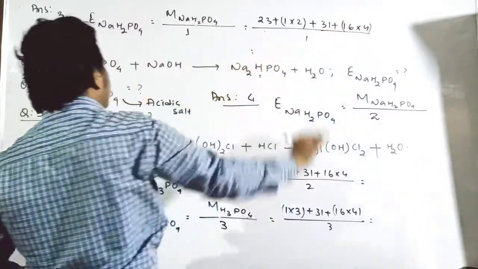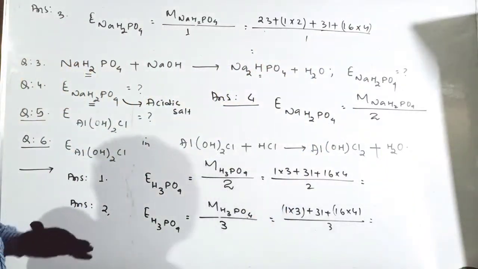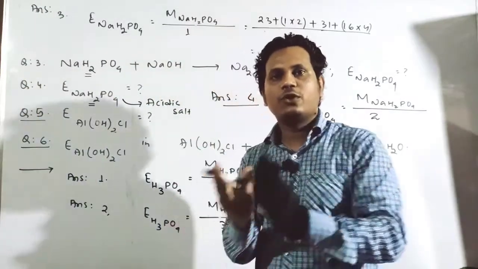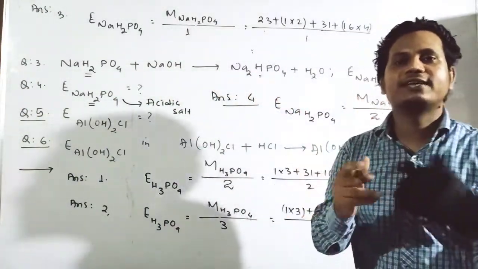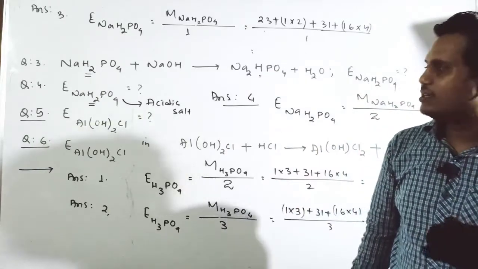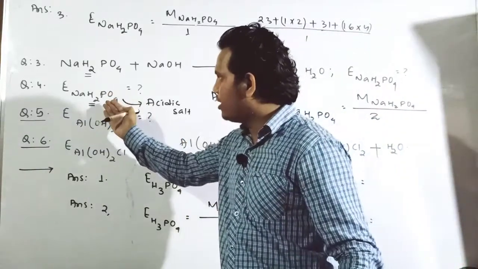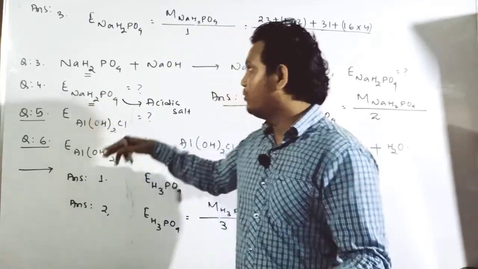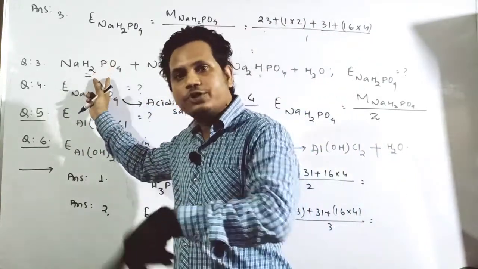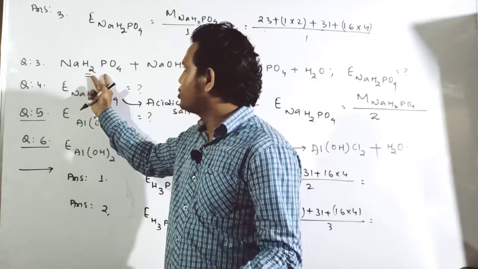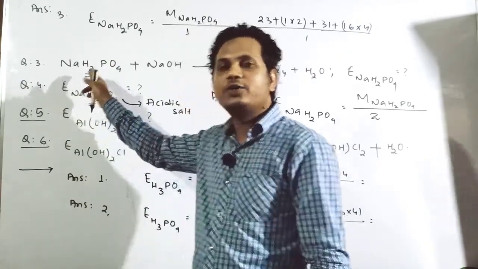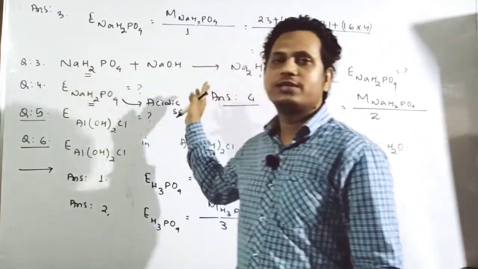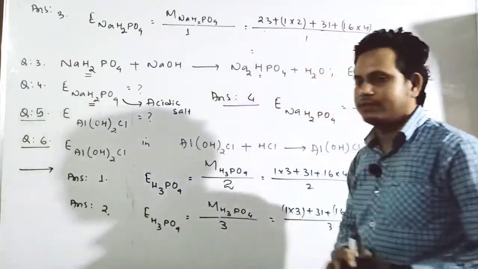Now solve and see what we get. That is the answer. So now see the difference. The compound is the same, an acidic salt, but the answers are different. So in the exam, if it is asked alone, see how many replaceable hydrogen atoms are there. If it is asked in a reaction, then see how many hydrogen atoms are replaced.